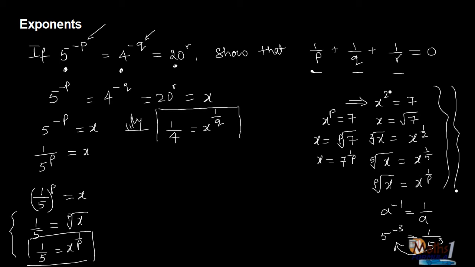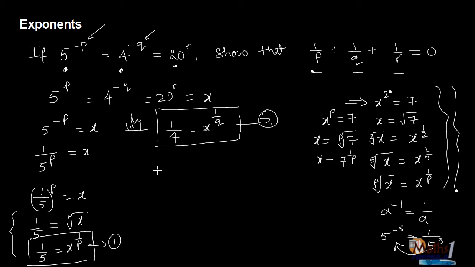That will be my second equation. Let's put it as second. That is the first one, right? So we got 2. Now 20 to the power r. Remember what we did here: 5 to the power minus p, we wrote as the reciprocal so that we can get positive. But in 20 to the power r, the power is already positive, so I don't have to take the reciprocal.